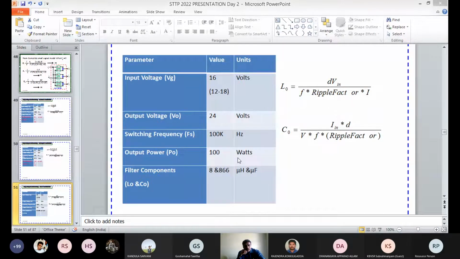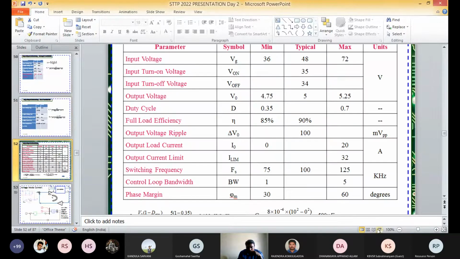So in the third step, we are trying to derive the system parameters. Similarly for the active clamp forward converter, I am considering the input voltage VG from 36 to 75 volts at maximum, typically 48 volts, and the output I am requiring is 5 volts at 20 ampere.